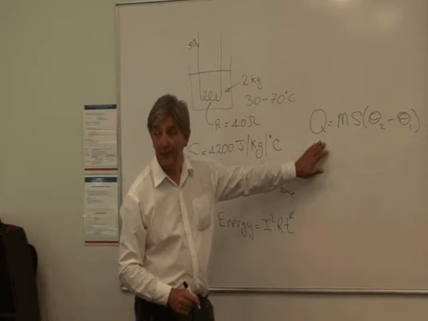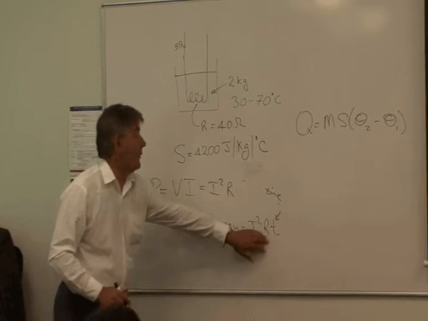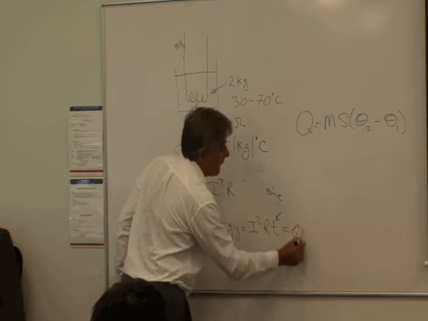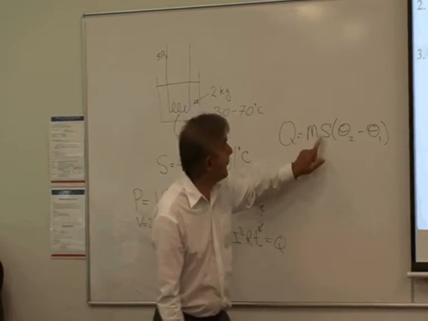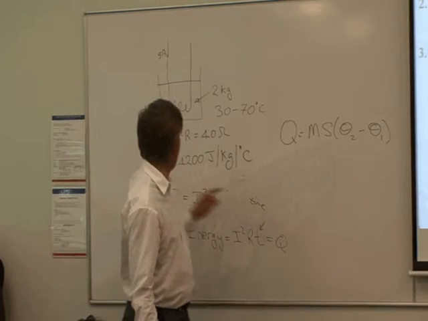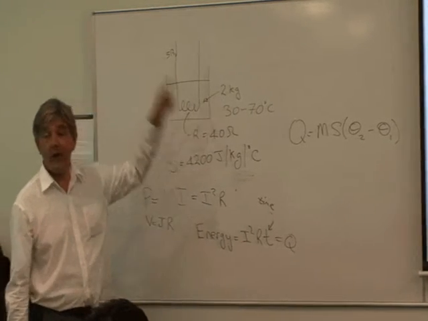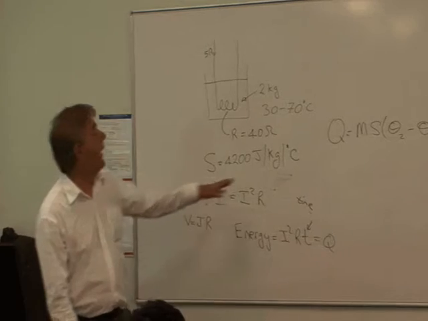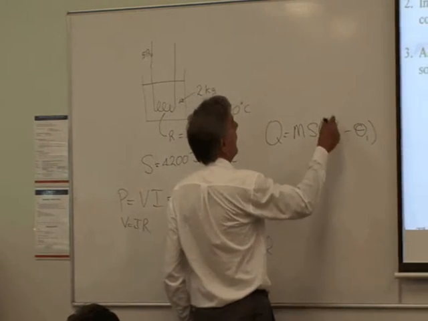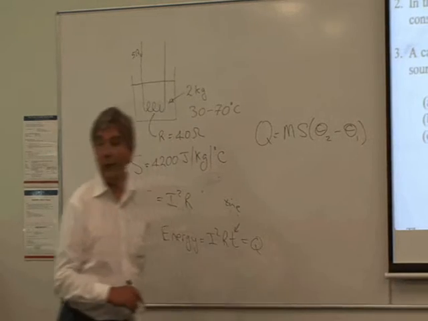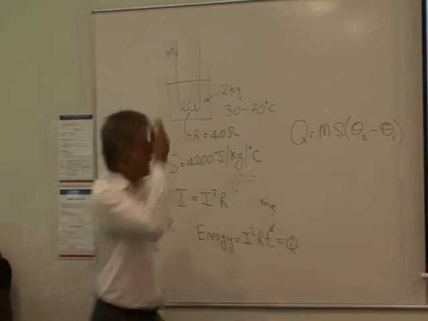Heat supplied, we'll call this Q as well while we're at it. The heat supplied is the mass of the material times the specific heat capacity of the material, which is 4,200 joules per kilogram per degree centigrade, times the temperature change, θ2 minus θ1, as we're heating the water. So we know the temperature rise, don't we?